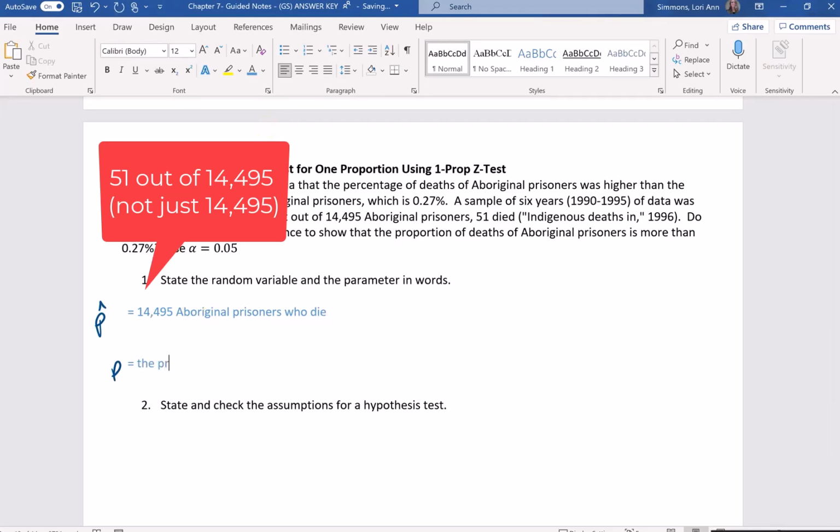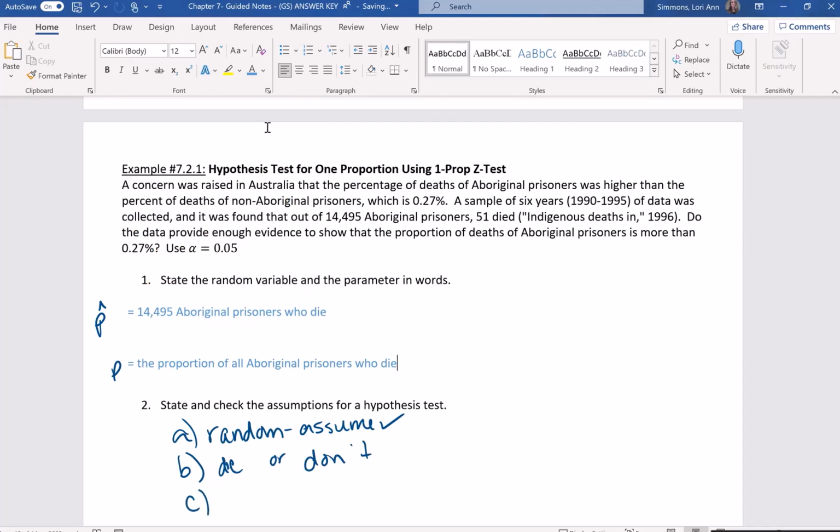And this is the proportion of all Aboriginal prisoners who die. Okay, assumptions. The first one was random. We're going to assume that. Two outcomes. They either die or don't.